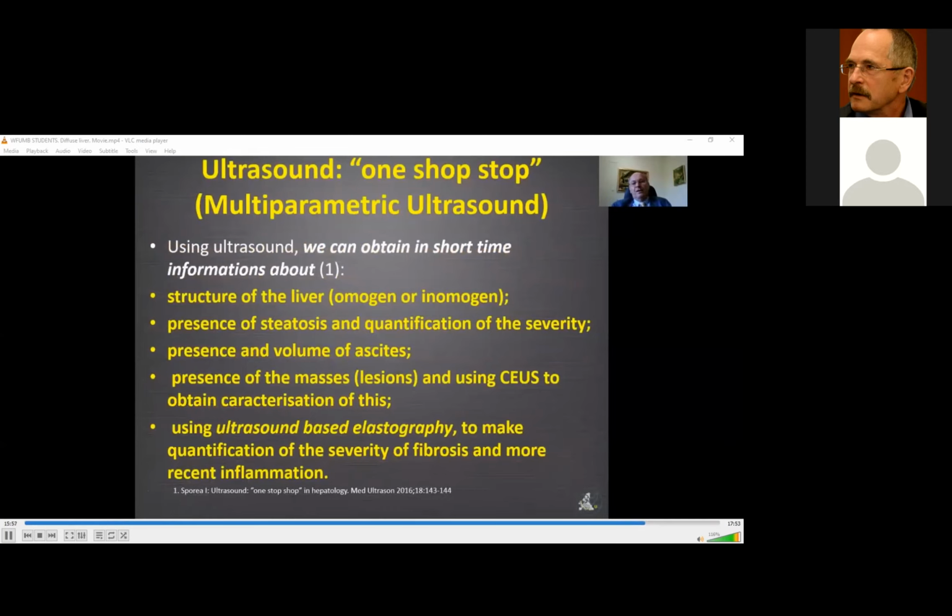We look for steatosis and we can quantify its severity. We can look for the presence of ascites and quantify its volume. We can look for masses in the liver if they exist, and then we can use contrast-enhanced ultrasound for characterization of them. And finally, using ultrasound-based elastography, we can estimate fibrosis, steatosis, and more recently, inflammation.